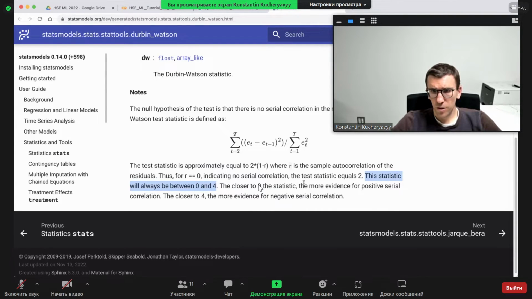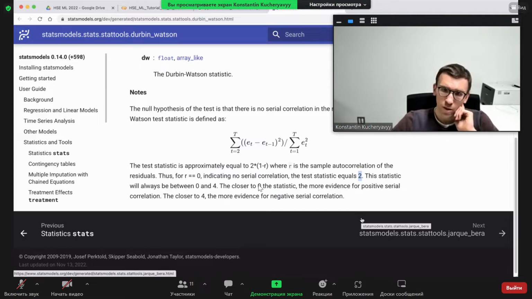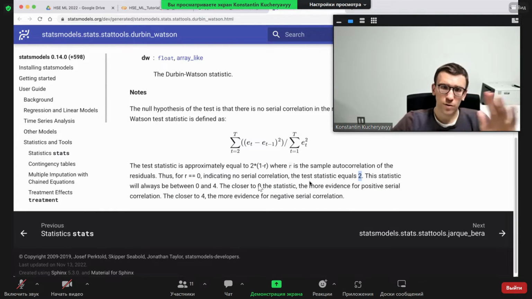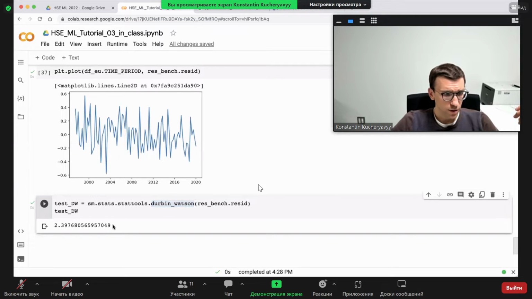With no serial correlation, the statistic would equal 2. And if it deviates too much from 2, the closer it is to 0, the more evidence of positive serial correlation, the closer to 4, the more evidence for negative serial correlation. And ours is closer to 2.